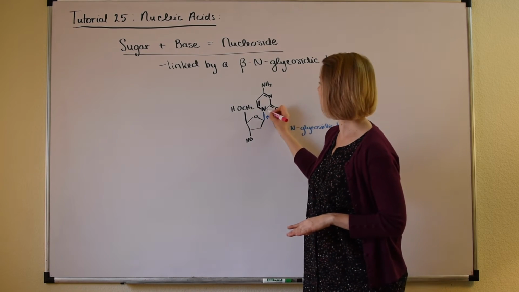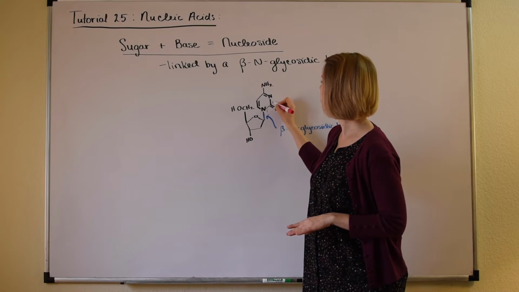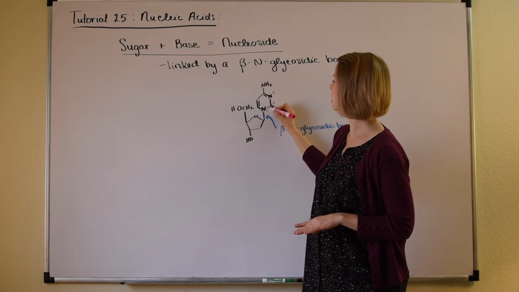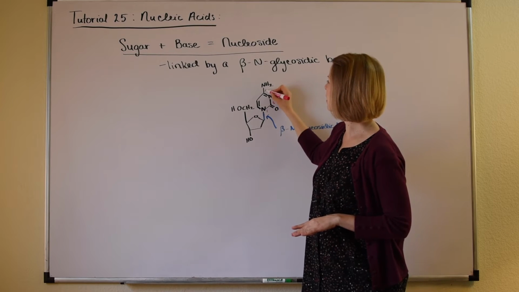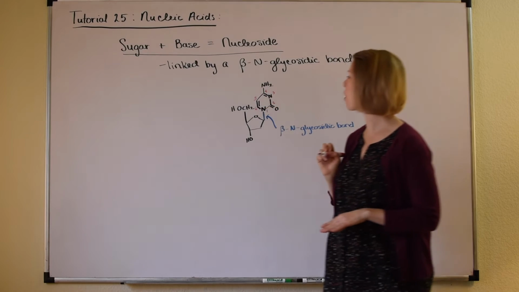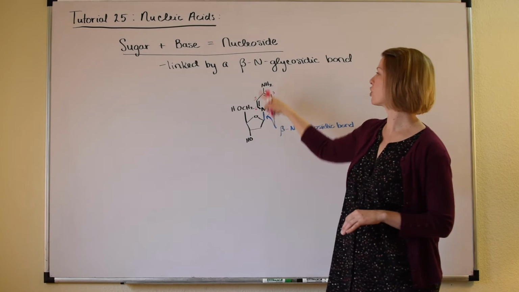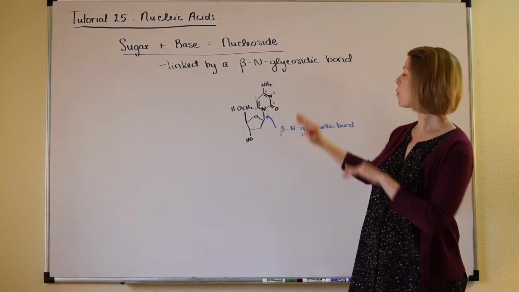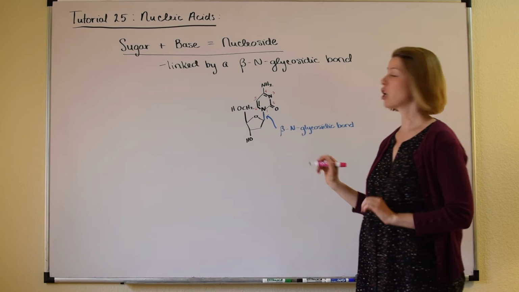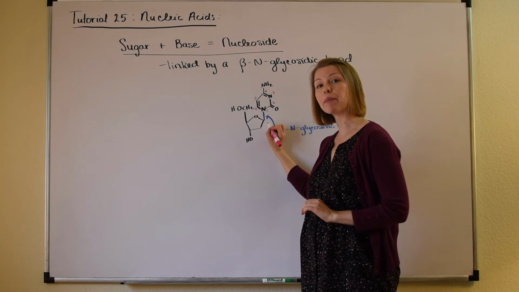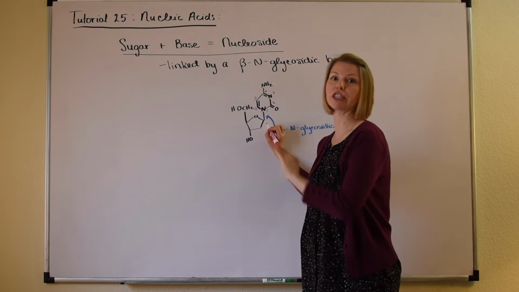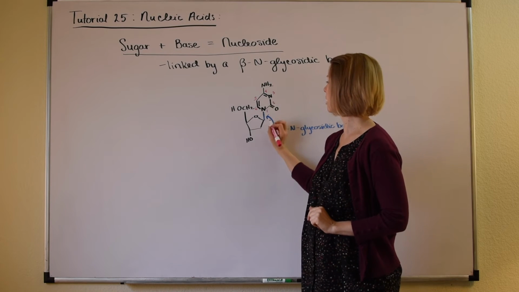Okay, so I'm going to number these 1, 2. I'm going to count through these higher priority groups, the nitrogens and the carbonyl. 3, 4, 5, and 6 would be the numbering for our nitrogen-containing base. And then when we go to number our cyclic sugar, we're going to use a prime to indicate that it is a different ring than the nitrogen-containing base.